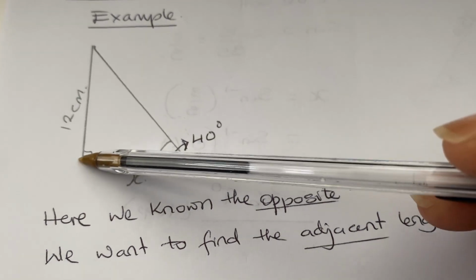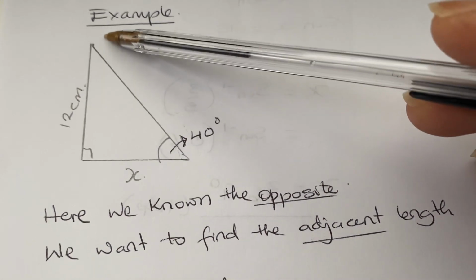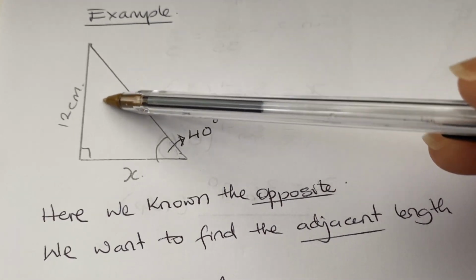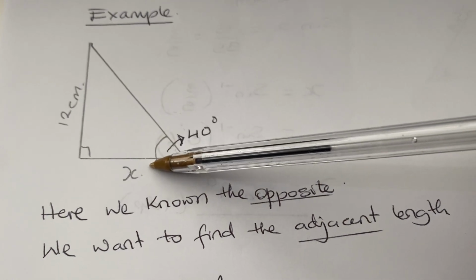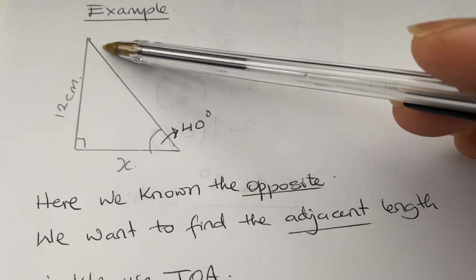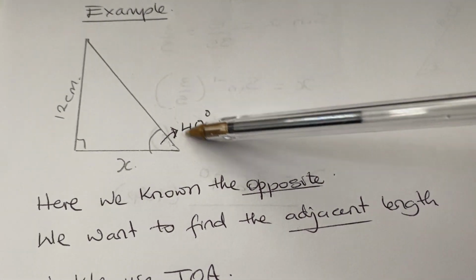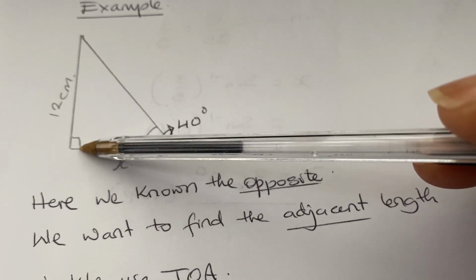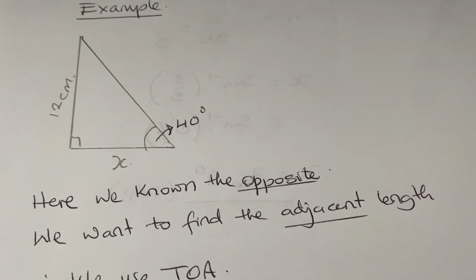That is my adjacent, which I'm supposed to find. I have the opposite, which is 12 centimeters. I have an angle. So straight away, because I don't know the hypotenuse, the long side opposite the right angle, I'm going to use tan.